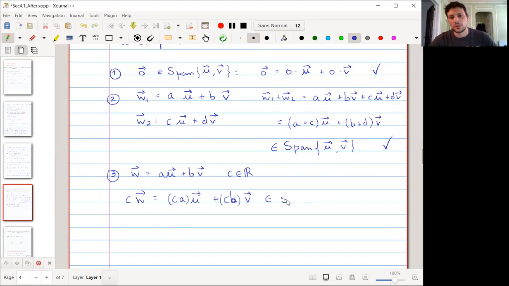So this does belong to the span of UV. The conclusion is that the span of UV is a subspace of Rn.